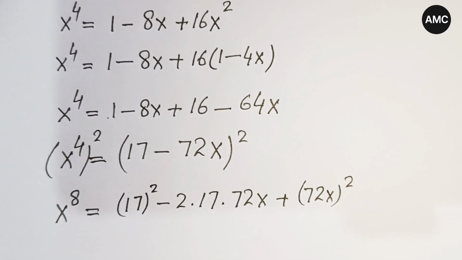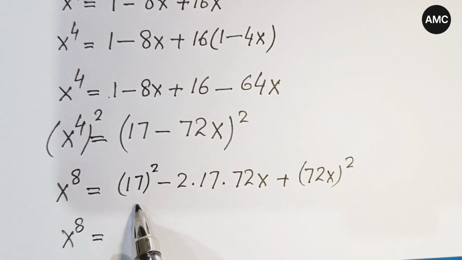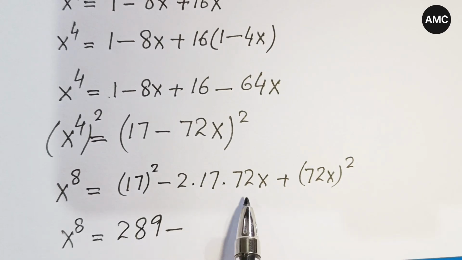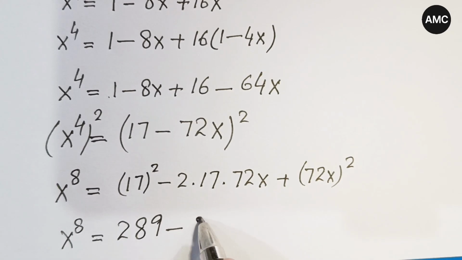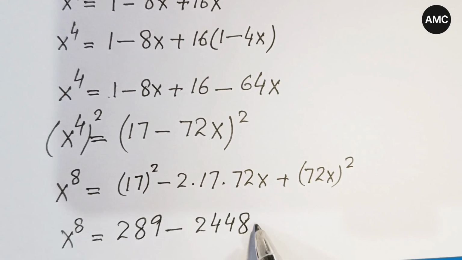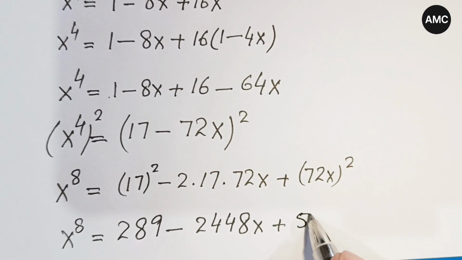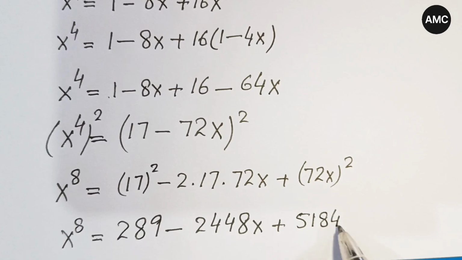Now by simplification we will get x to the power 8 is equal to 17 squared, which is 289, minus 2 times 17 times 72, which is 2448x, plus 72 squared, which is 5184 x squared.